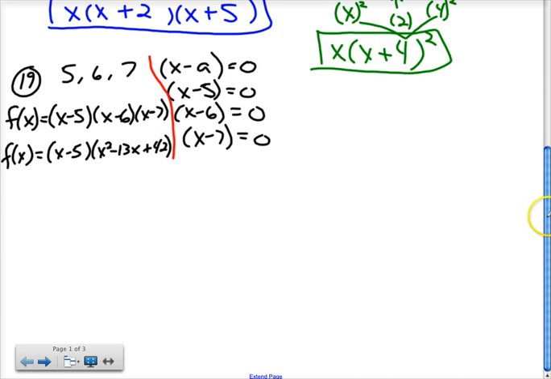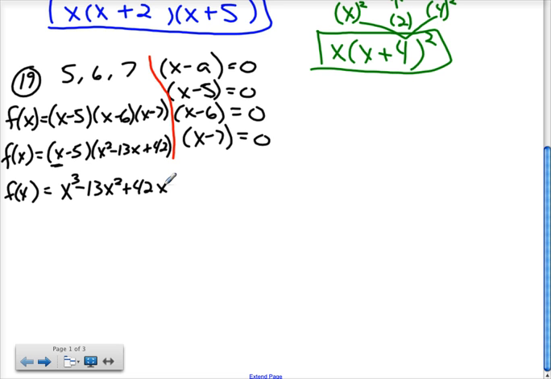Then what we have is a binomial times a trinomial. So what we have to do is take the first term, which is an x, times everything in the second set of parentheses. So x times x squared gives you x to the third. X times negative 13x gives you negative 13x squared. X times 42 gives you 42x.